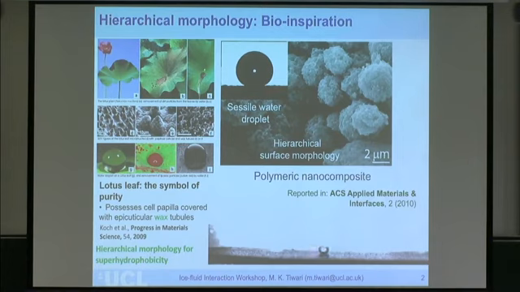So people have tried to make similar morphologies and hydrophobicities using artificial techniques. This is something where we were using polymers and nanoparticles to spray coat and get this kind of morphology and very high contact angle of droplets. So how does it tie into icing?